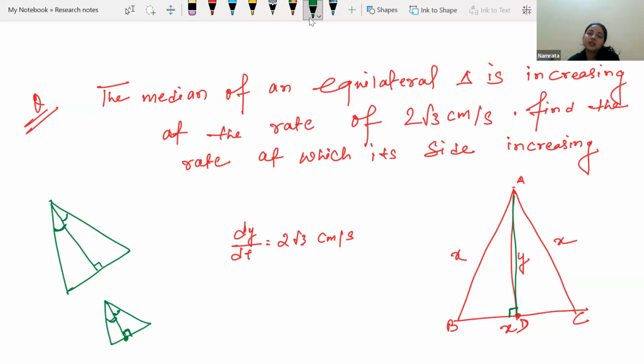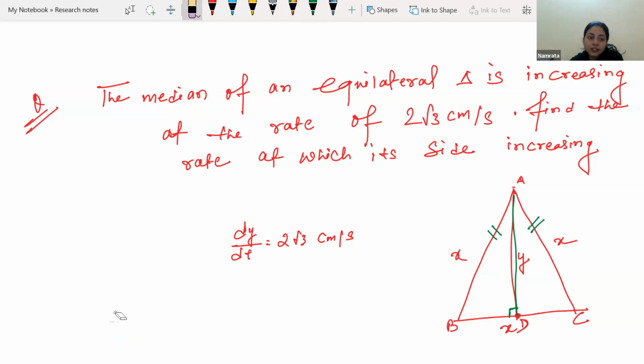Since it was valid for isosceles triangle, it will also be valid for equilateral triangle, because here also we have this side same. So let's use this concept that this median will also work as an altitude.